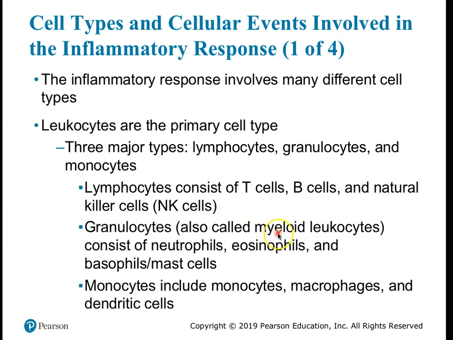Granulocytes, also called myeloid leukocytes, are neutrophils, eosinophils, basophils, and guess what? When you have a basophil in circulation, you call it a basophil. If it is in the tissue, you call it a mast cell. What does that mean? It means that basophils in circulation have histamine, and mast cells in tissue have histamine.